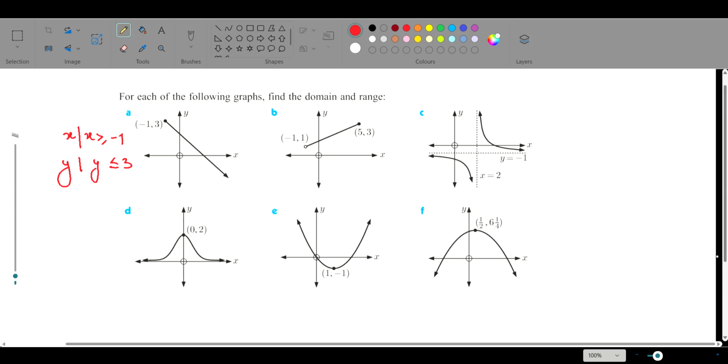It is not going up, so the range is y less than or equal to 3. If you see this is going down, so it will take negative values after a certain time: 2, 3, 1, 0, minus 1, minus 2, minus 3, isn't it? If you see this line at this point, what is the y coordinate? These are less than 3, right?